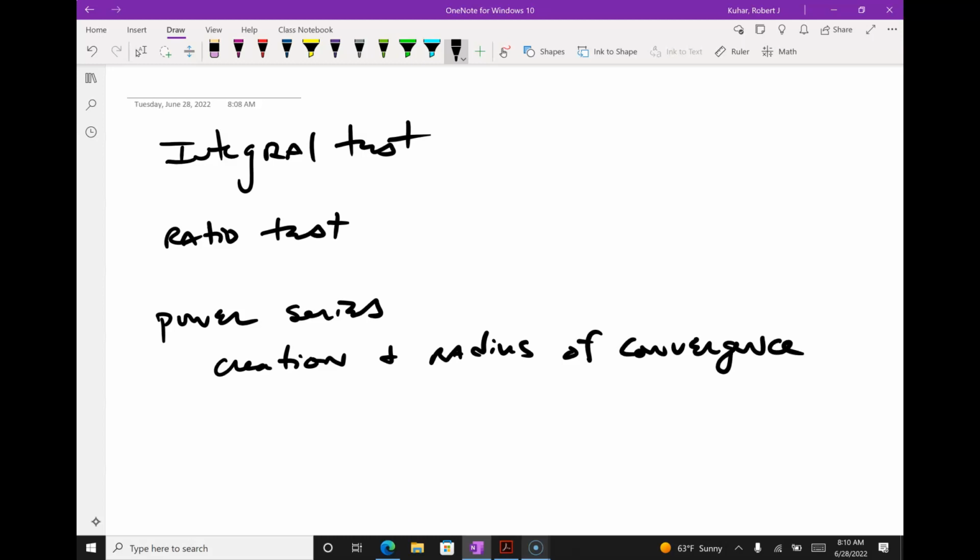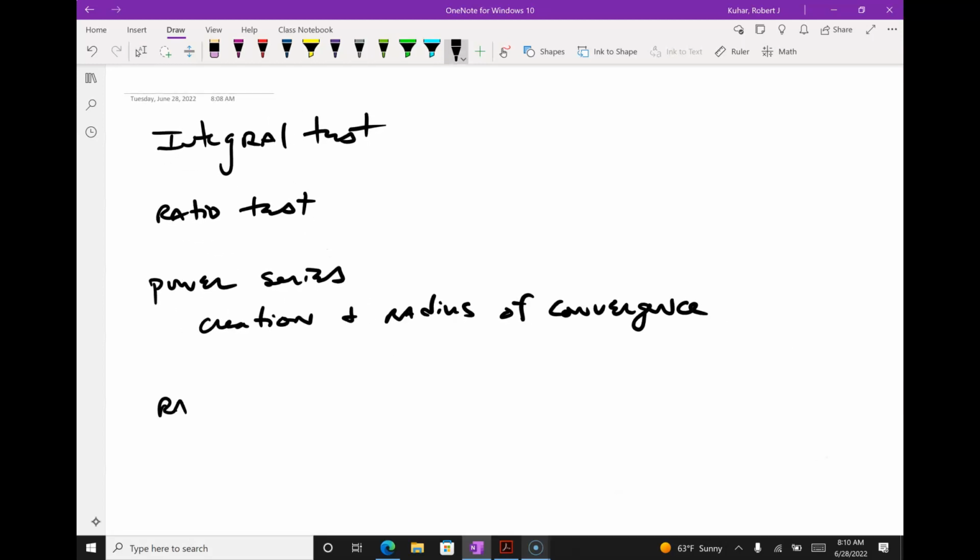The radius of convergence for a power series will always come from a ratio test. But I will tell you, find the radius of convergence using a ratio test, okay? And for the radius, there's three possibilities.